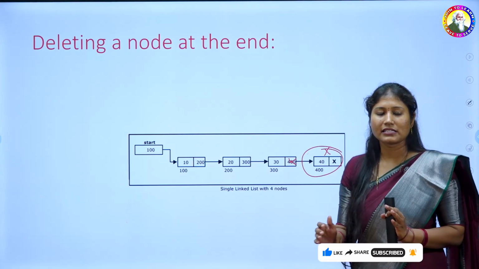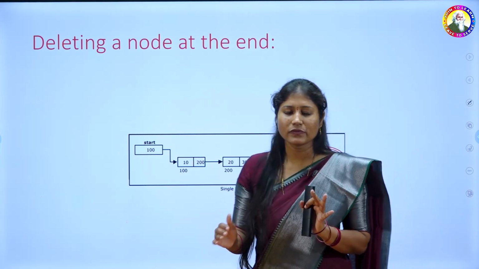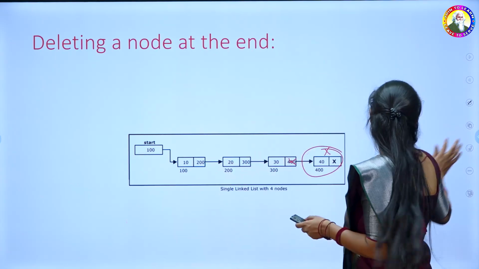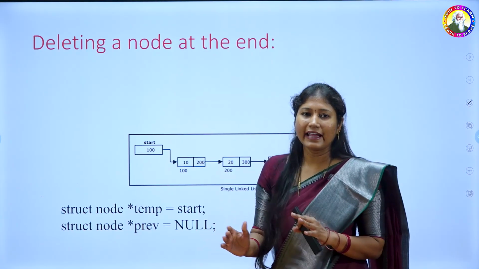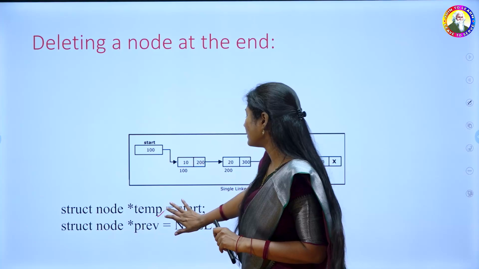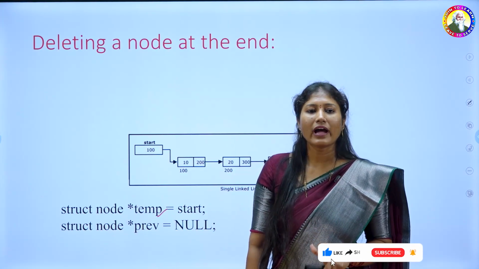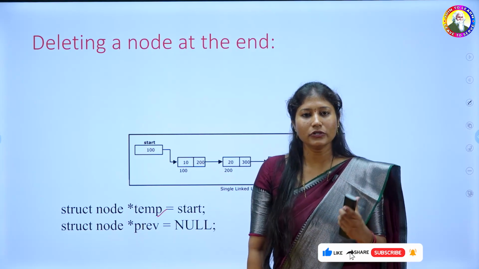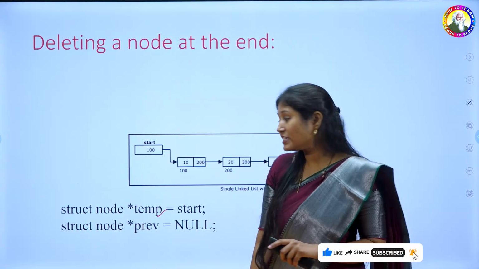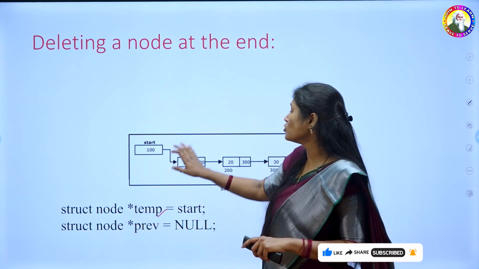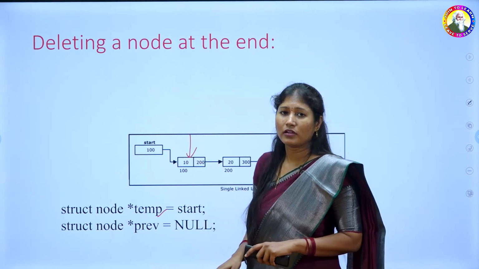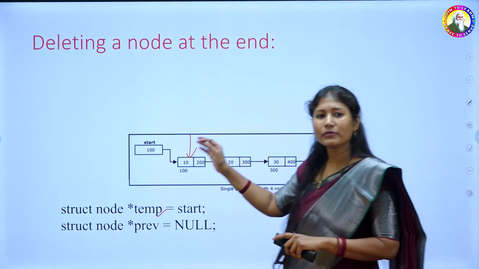This is our task. Now, to perform the same task, we will see it one by one, logic wise. In order to delete anything, first of all, I require a temp pointer, one extra pointer. So we declare struct node pointer temp, and initially that temp should start from the beginning, not from anywhere else.